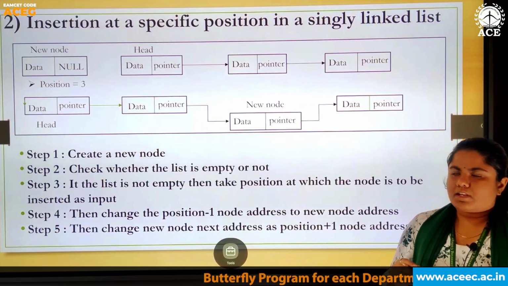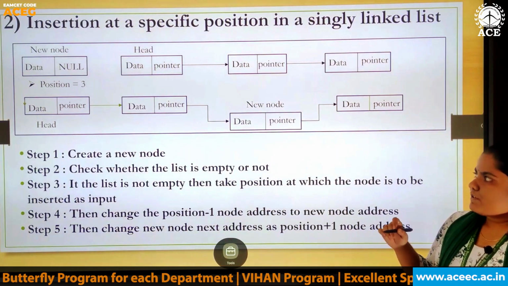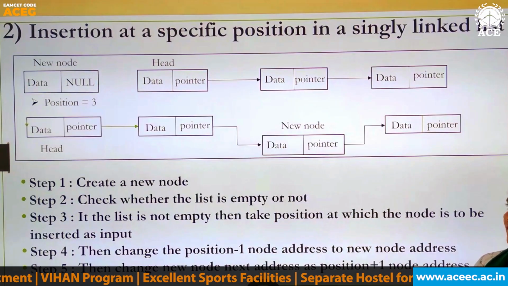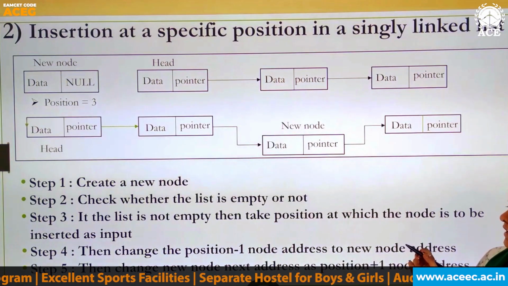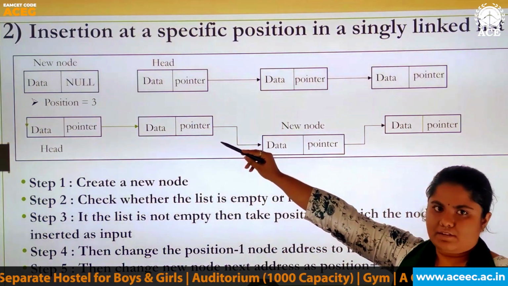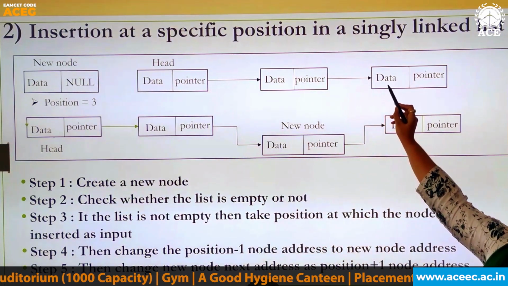Now let's speak about insertion at a specific position in a single linked list. To perform this operation, we need to give the position where we have to insert the node. First, as usual, we create a new node, and then we check whether the linked list is empty or not.